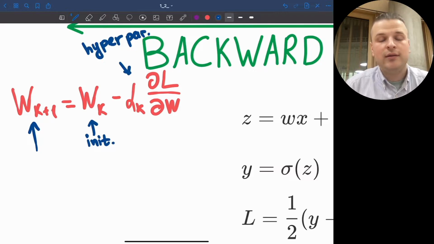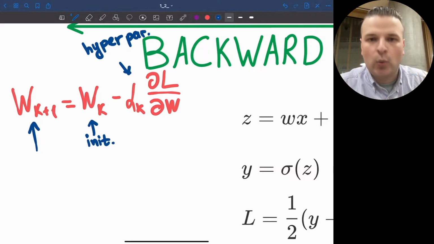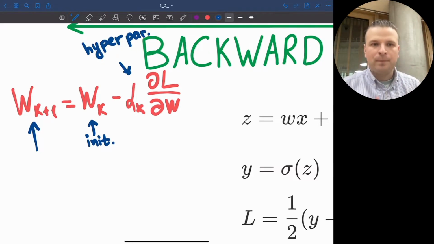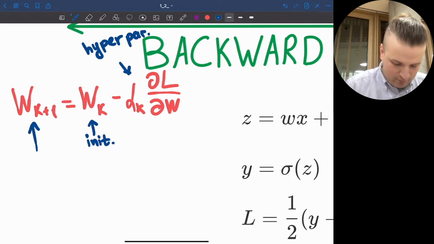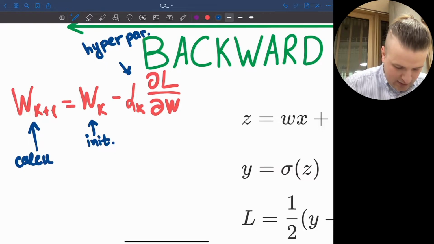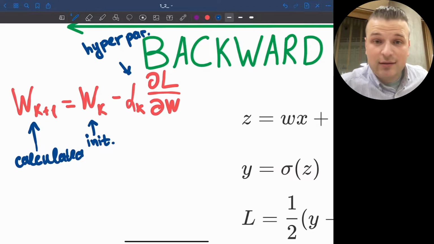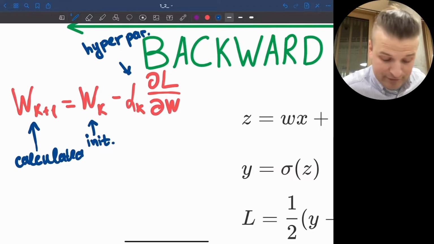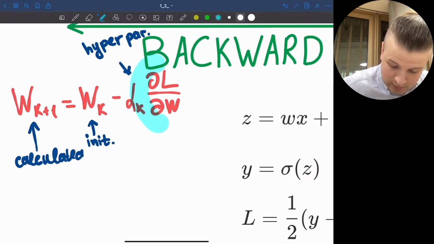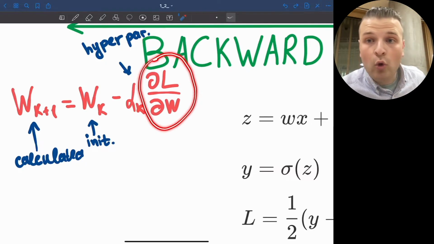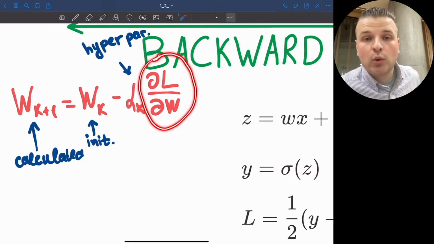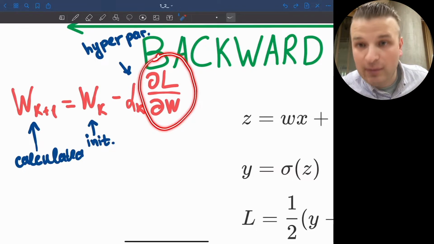Wk plus 1 is the next value of our updated weight. So we will calculate this thing. And what is left here is this derivative, the derivative of a loss function with respect to a W value.